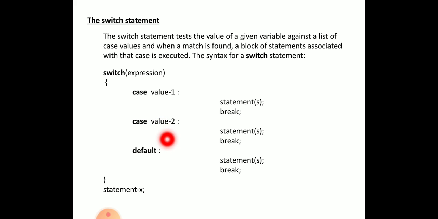There can be multiple case statements, up to 257 case labels are supported in C. If any match is found, the statements within the corresponding case label will be executed.